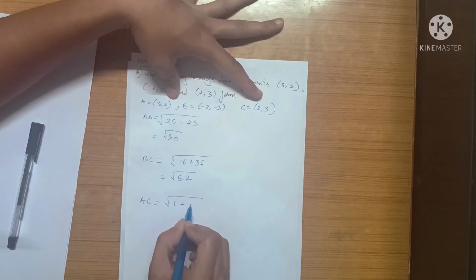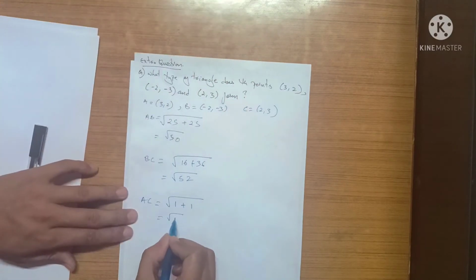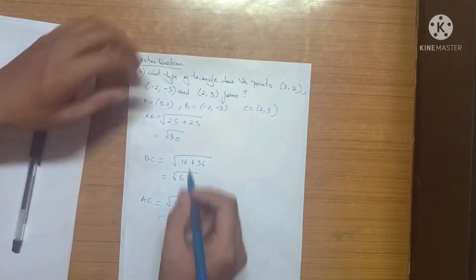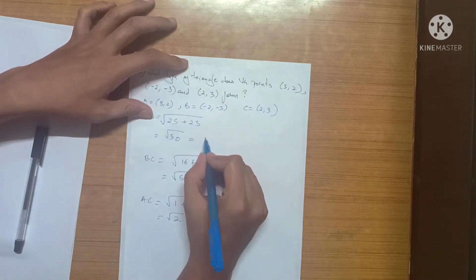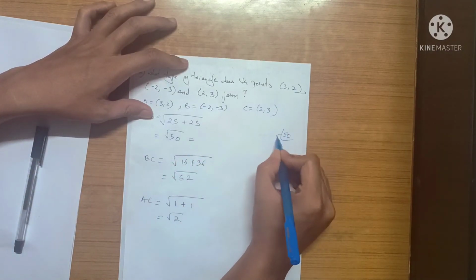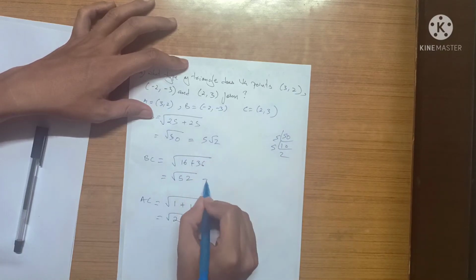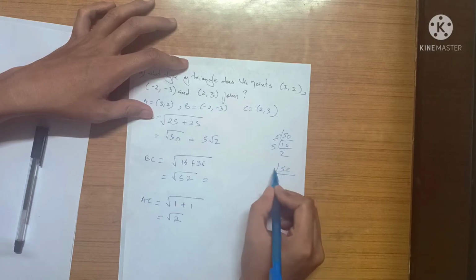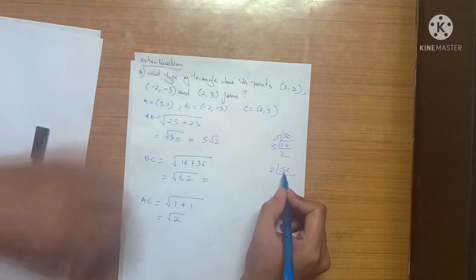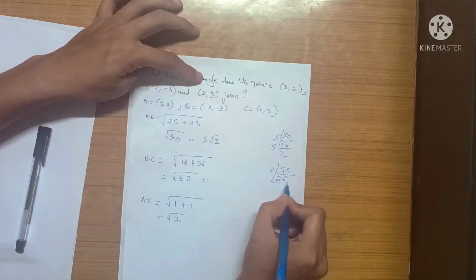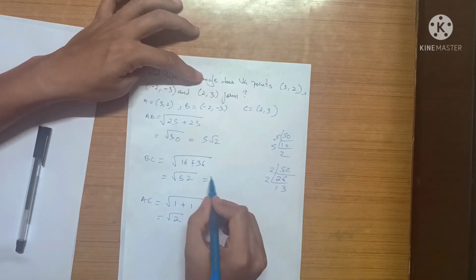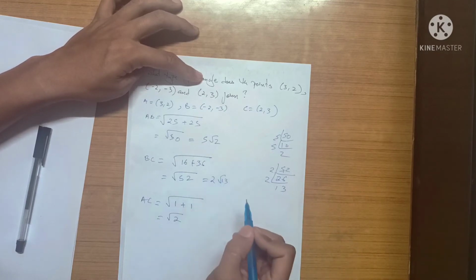And 3 minus 2 is 1, so 1 square is 1 only. So root 2. If we simplify, root 50 is 5 root 2, you can do this in your head also. And root 52 is 2 root 13.